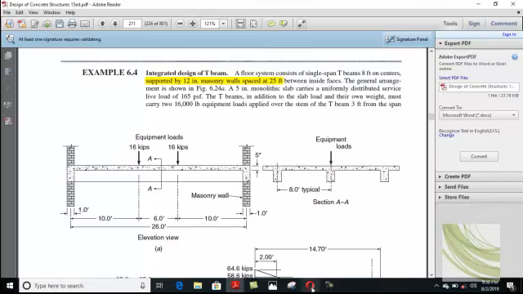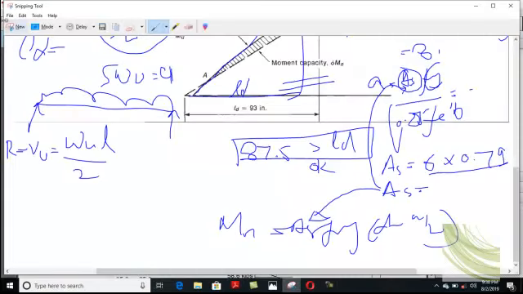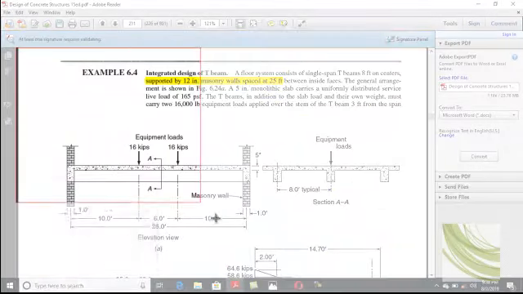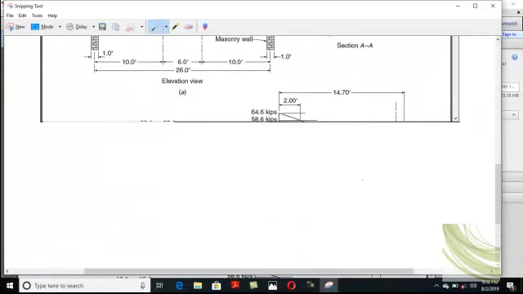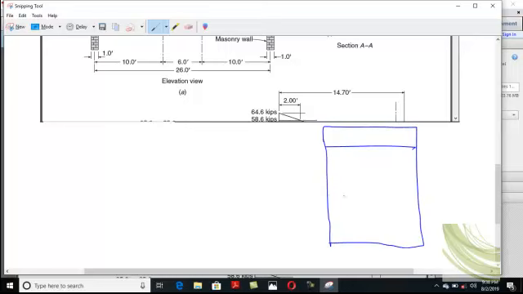Clear? So if you draw the plan of this beam, you can understand that you have a room like this. And there are T-beams: one is there, one is there, and one is there.